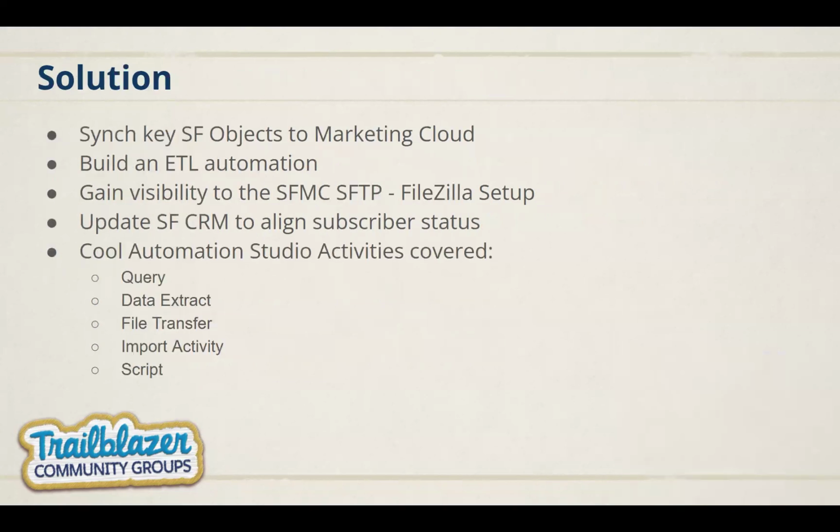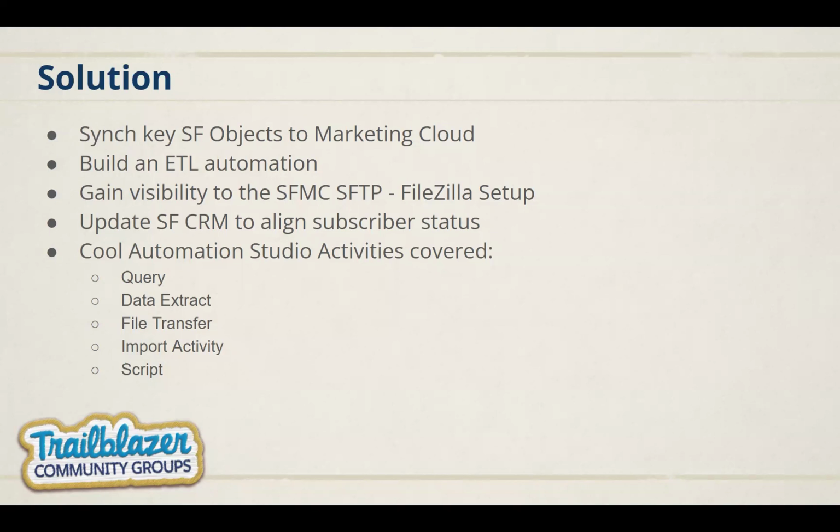So the solution we're going to be doing today is leveraging those objects from Salesforce and Marketing Cloud. We are going to build that ETL automation, something that can run on a regular basis, so they don't need to manually upload files. We're going to take a look at getting visibility into the SFTP in Marketing Cloud, doing a FileZilla setup so that you can see those files being transferred on the back end.